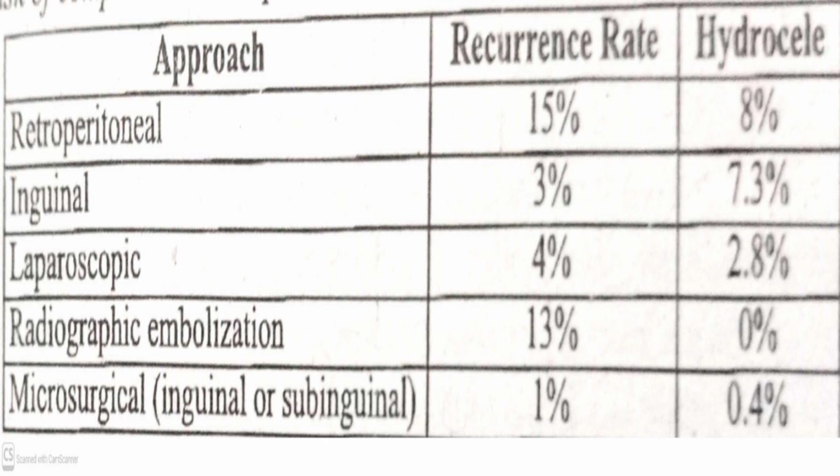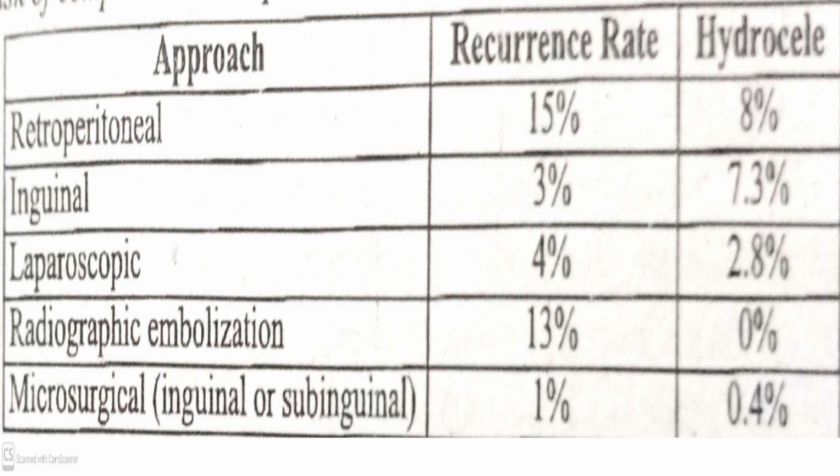So what are the recurrence rates for the different treatment approaches of the varicocele? A retroperitoneal approach can cause a 15% recurrence rate and 8% risk of hydrocele formation. Inguinal approach can result in a 3% recurrence rate and 7.3% hydrocele risk. Laparoscopic ligation can result in a 4% recurrence rate and 2.8% hydrocele.